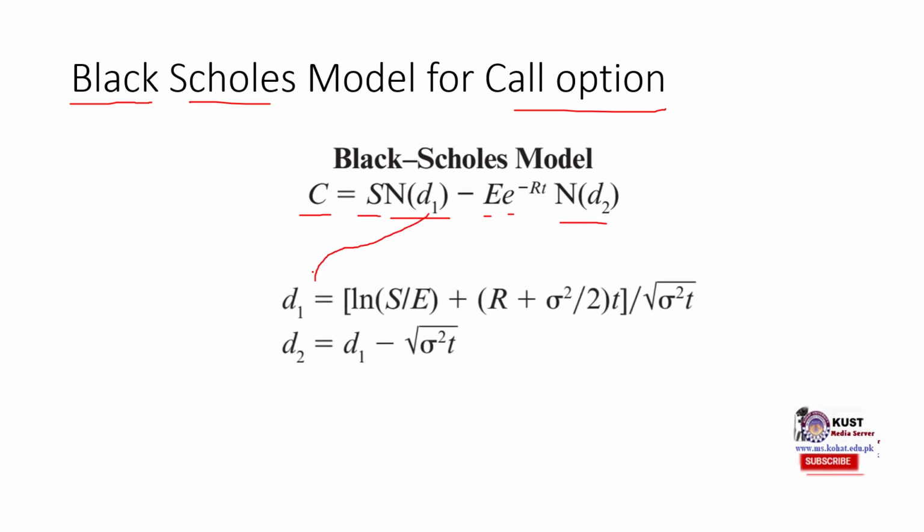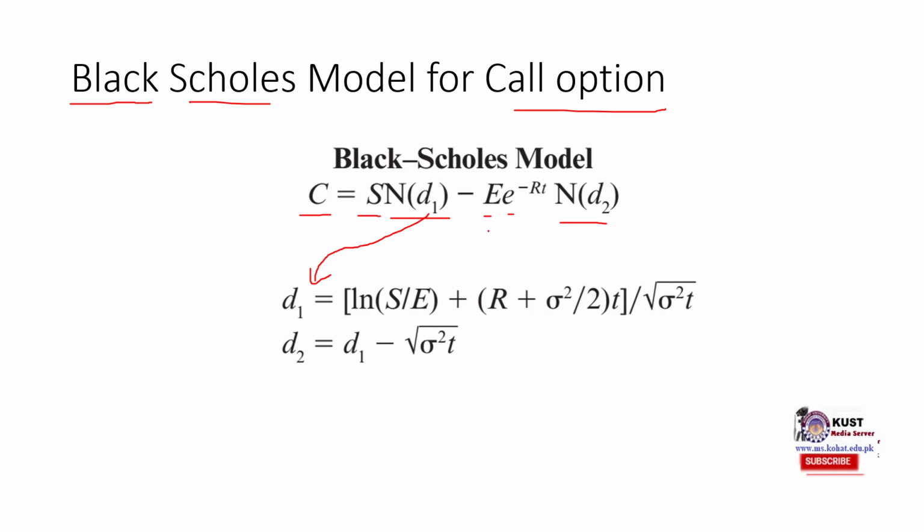N(d1) would be calculated using this equation, which is d1 is equal to natural log of S by E, spot price by exercise price, plus the risk-free rate plus sigma square divided by 2, times T.